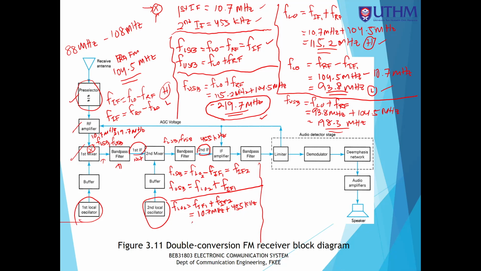So we're going to produce 11.155 megahertz. This is a high side injection, the local oscillator frequency that we need if we use a high side injection.